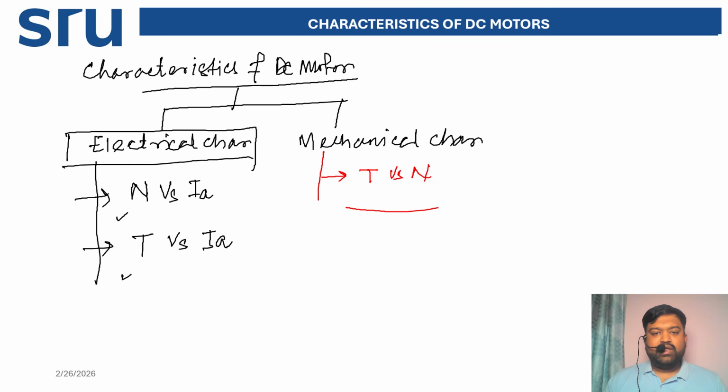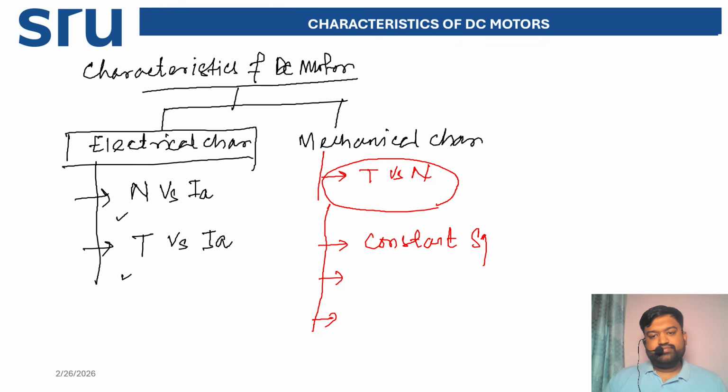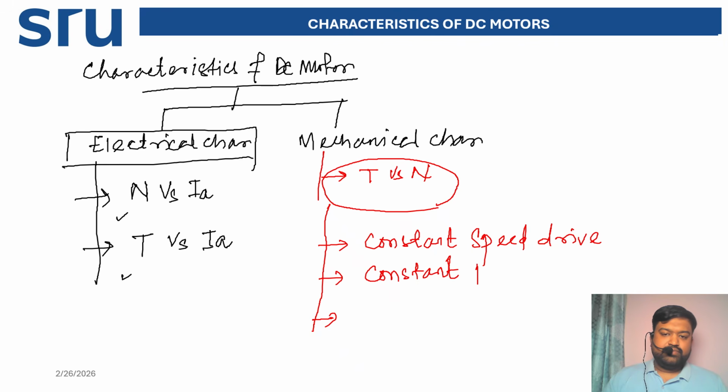But when we are plotting this torque versus speed, there are three conditions we have to identify. One is constant speed drive, another one is constant power drive, and the third one is adjustable power.